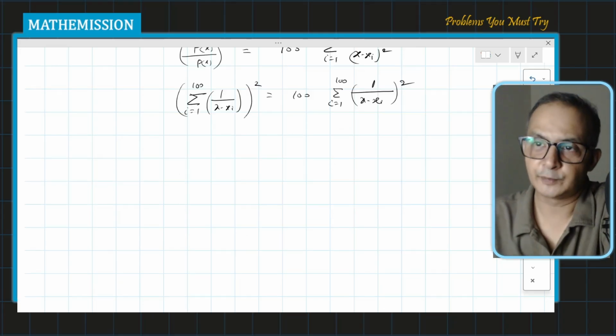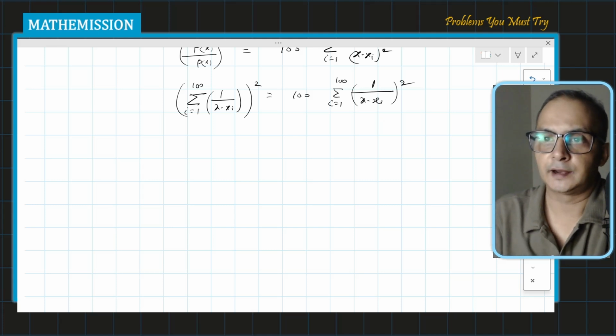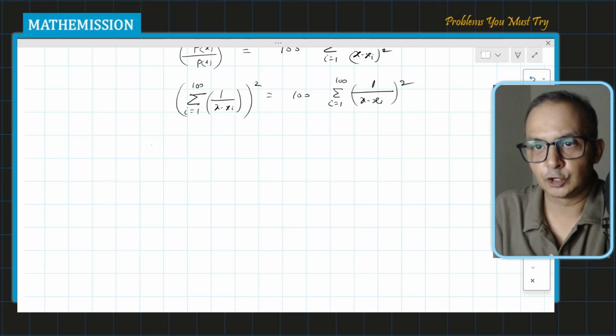So here we have to apply the Cauchy-Schwarz inequality. And how do we apply it? You know the Cauchy-Schwarz inequality, let me write it.